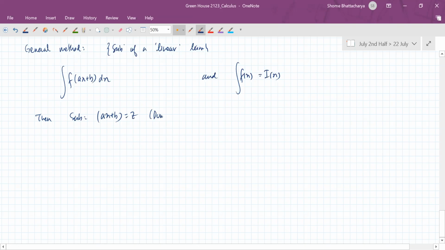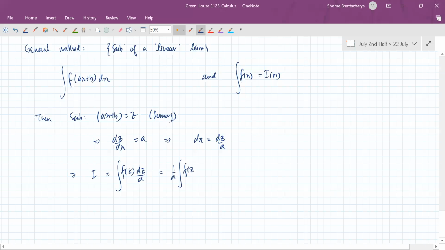as a dummy, z. So the derivative of z with respect to x becomes a. So you can cross multiply that now. We can see that dx is equal to dz by a. So our integration becomes integration of f(z) into dx, which is dz by a.